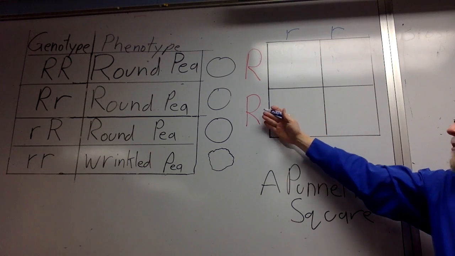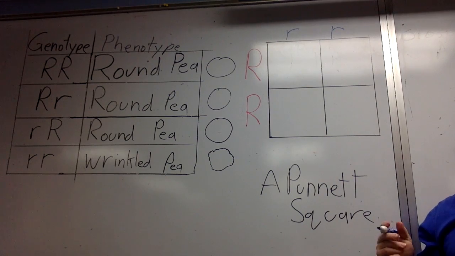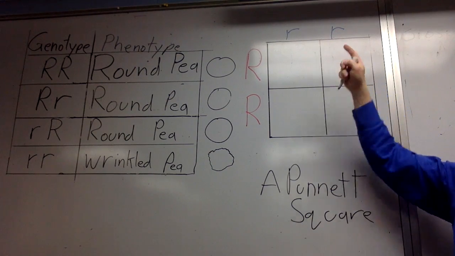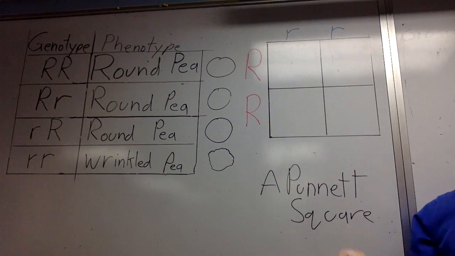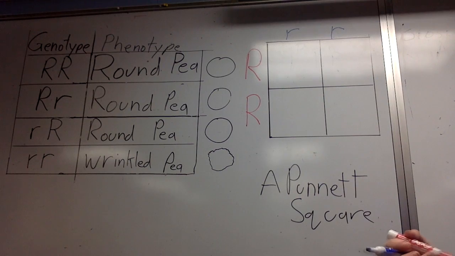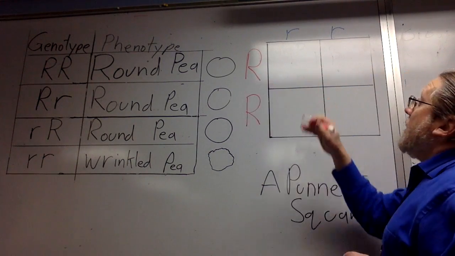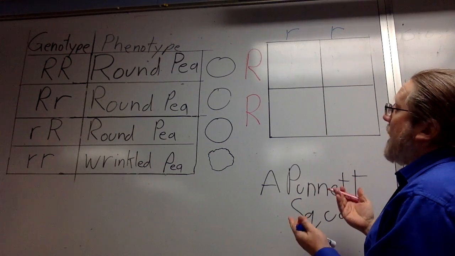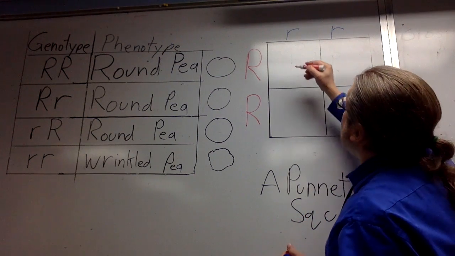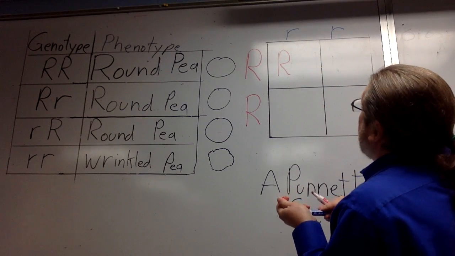You'll notice I use capitals to represent alleles that are dominant. I use lowercase letters of the same letter to indicate recessive. Now, here are the possibilities. With this cross, in a new zygote, in a fertilized egg, we have these possibilities.